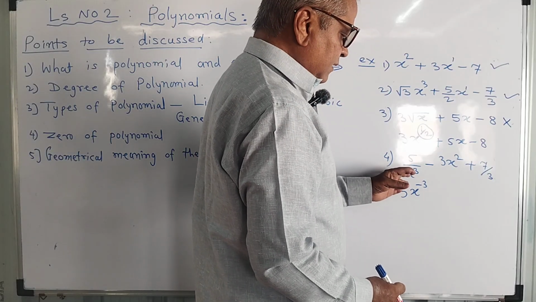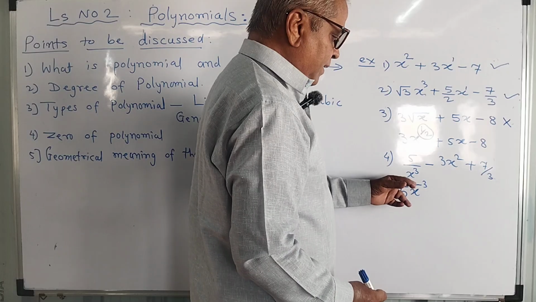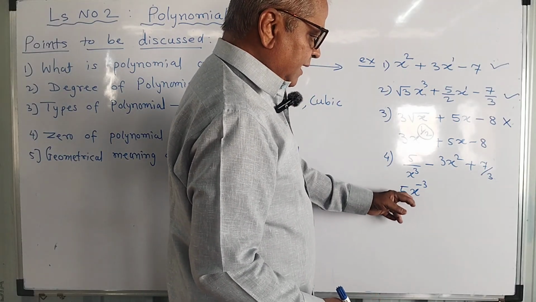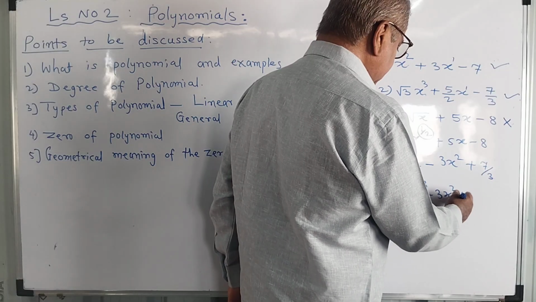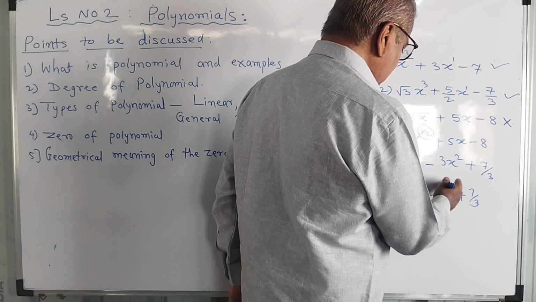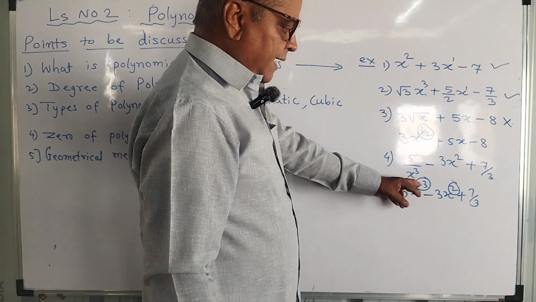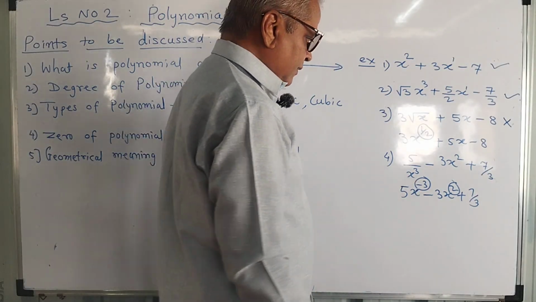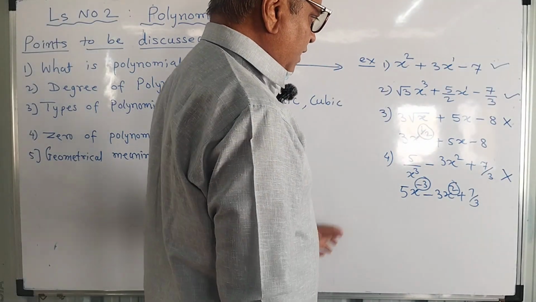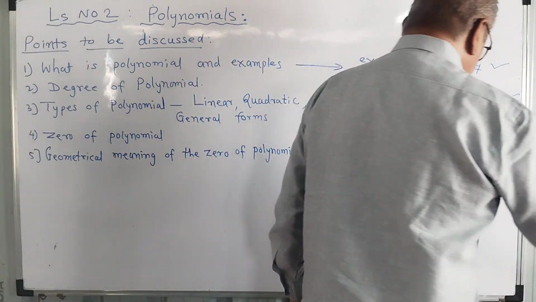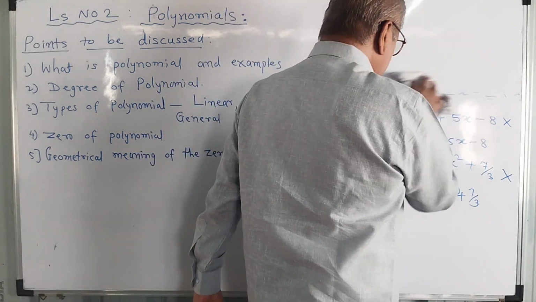When you take the whole term to the numerator, the power of the variable becomes negative. So 5x raised to minus 3 minus 3x square plus 7 upon 3. This is a whole number, but this is not a whole number. It is a negative integer, which is not a whole number. Therefore, this is not a polynomial. All this we have studied in standard 9th, but we have made a revision to some extent.